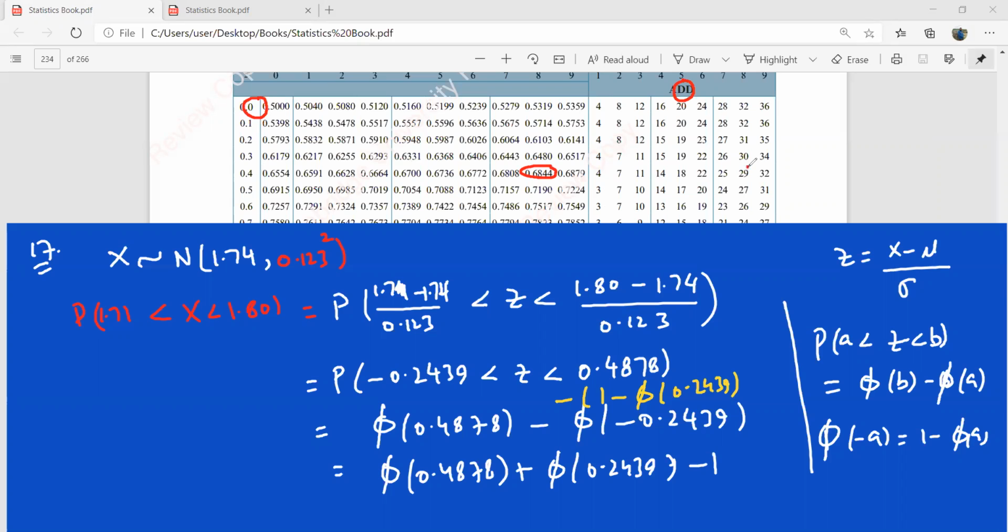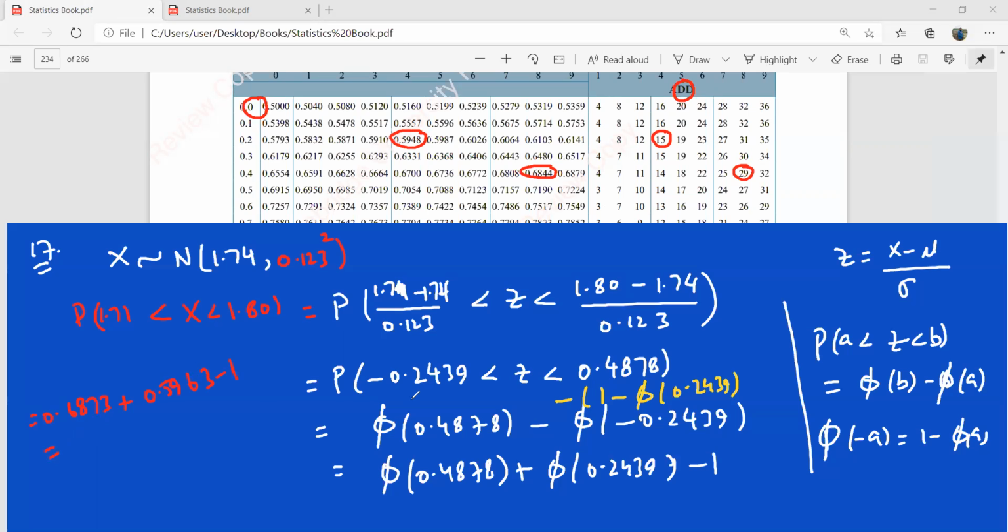Okay, this is 0.6873 plus the next is 0.244, and this is 0.5963, minus 1. Remember your probability, the final answer should be between 0 and 1, okay?